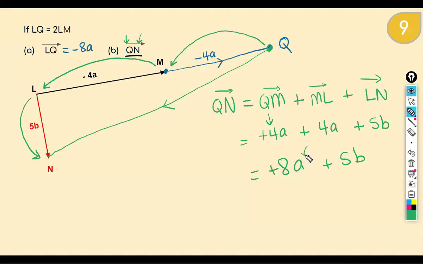Any two letters like A and B, you can only find the length of a vector if it's in i and j. This is the end of the question, guys. They just ask you to find regular, boring QN. They did not ask you to find the length. So some people are happy they got it correct.